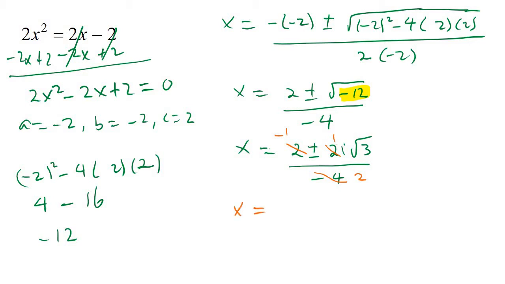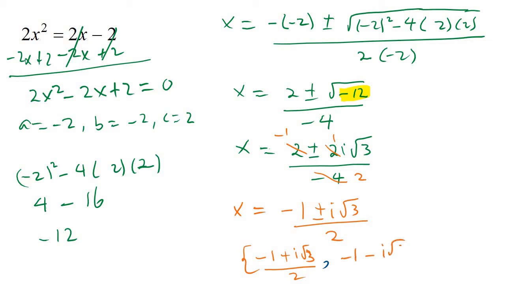So x equals negative 1 plus or minus i root 3, all divided by 2, which we can separate into two answers: negative 1 plus i root 3 divided by 2, comma, and the other one will be negative 1 minus i root 3 divided by 2.